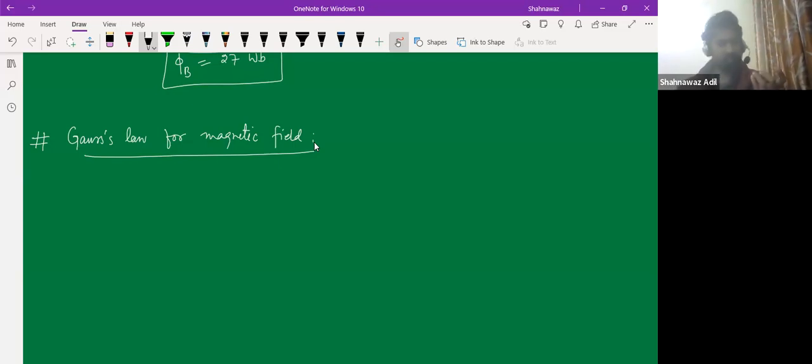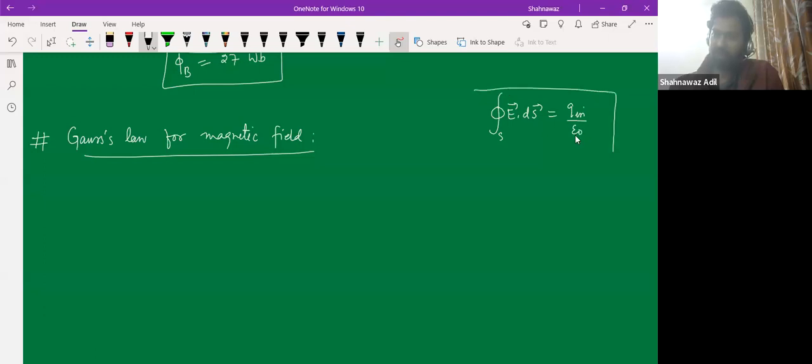Gauss law for electric field was the closed surface integral of E dot dS equals Q enclosed upon epsilon. So the flux was this, and Gauss law gave us the charge.